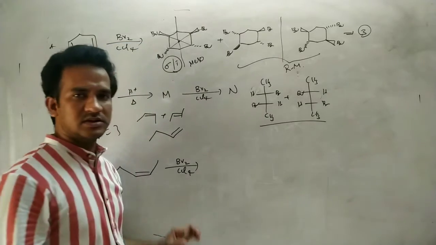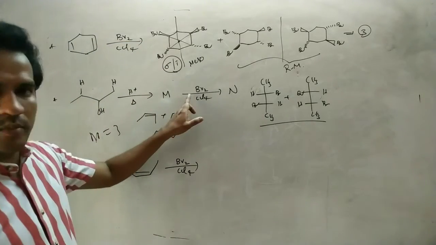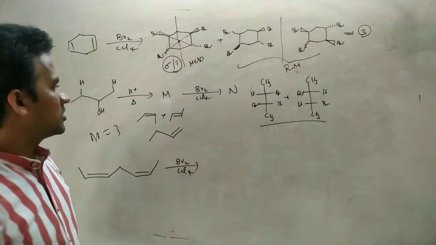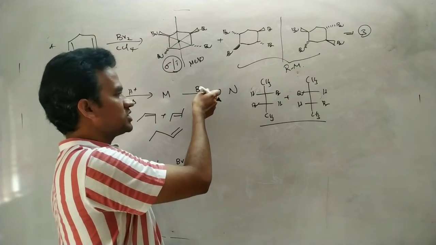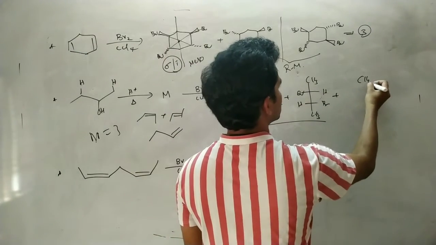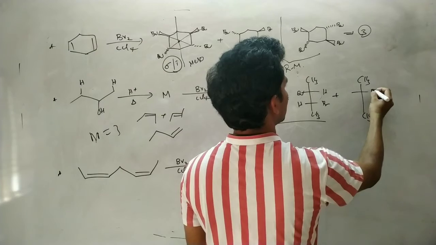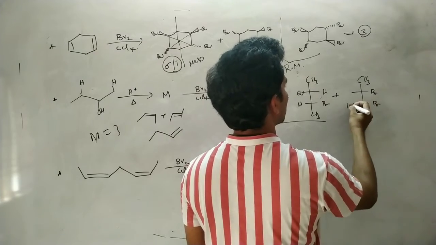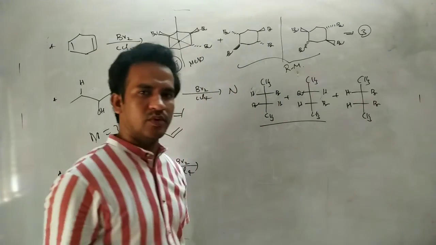Racemic mixture. The cis alkene on addition with bromine solution will give the racemic mixture. Now the trans alkene on addition with bromine, it is an anti-addition, so it will give the meso compound: CH3, CH3, Br, hydrogen, hydrogen, Br. Meso compound.